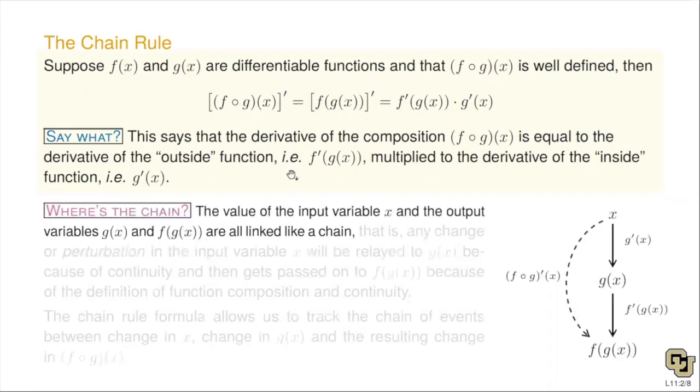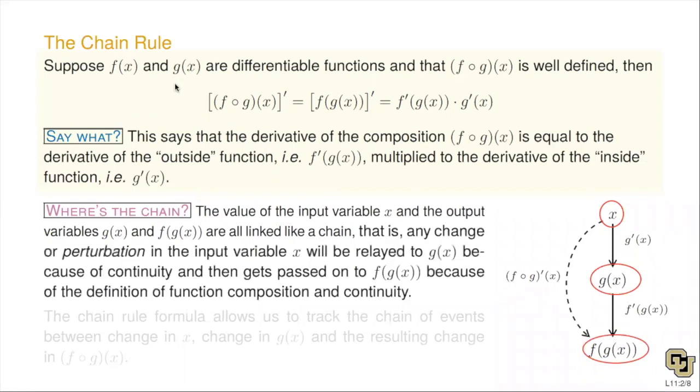So just some comments about the term chain. Because of continuity, if you follow the journey of the variable x, x gets put into the function g of x, then g of x gets put into f. Because g and f are continuous, since they're differentiable, there's this chain. Any change or perturbation in the input variable x will be passed along to g of x because of continuity, and then any change in g of x will be passed along to f of g, again because of continuity.